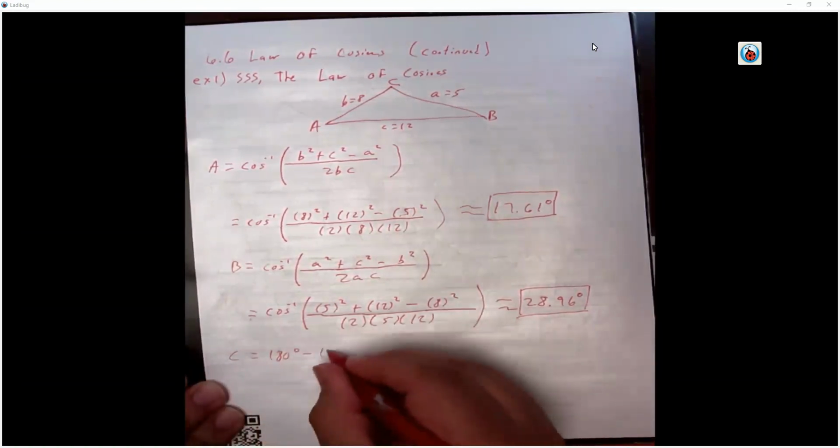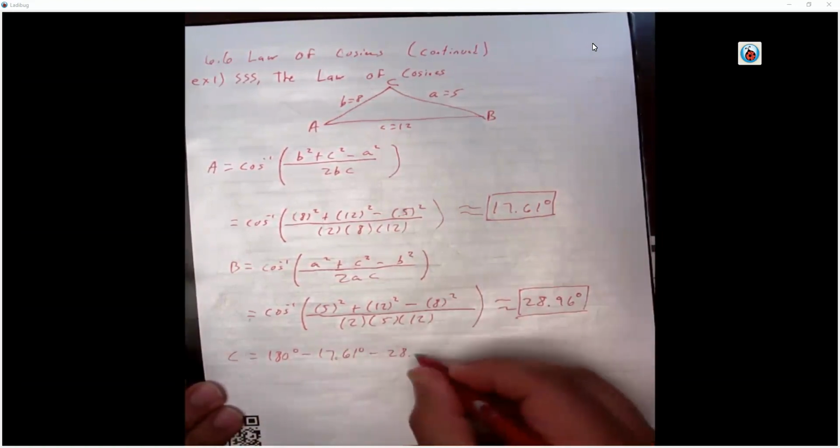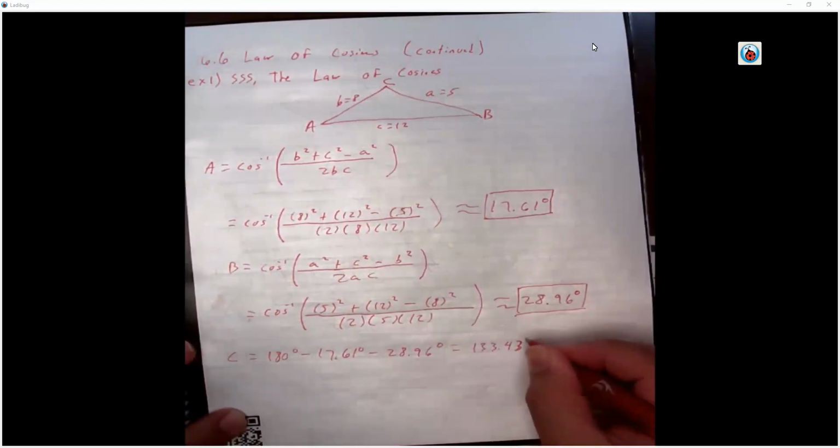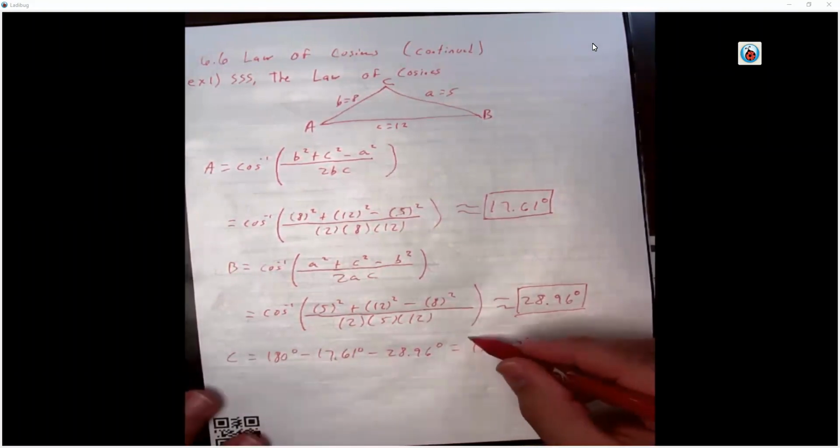Let's do it. 180 minus 17.61 minus 28.96. That'll give us the final angle when we're done. No big deal. So there's the three angles.